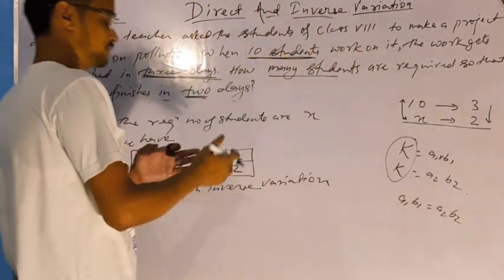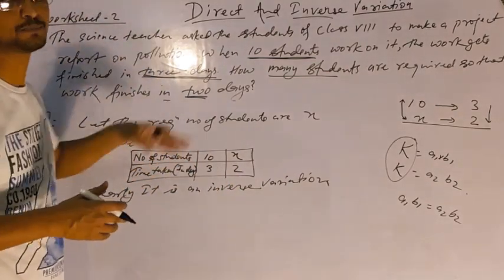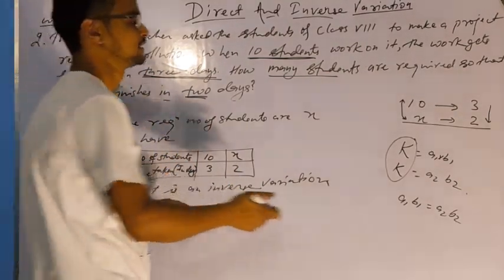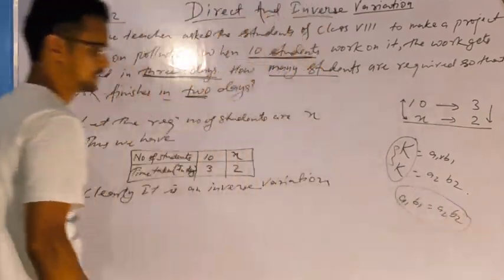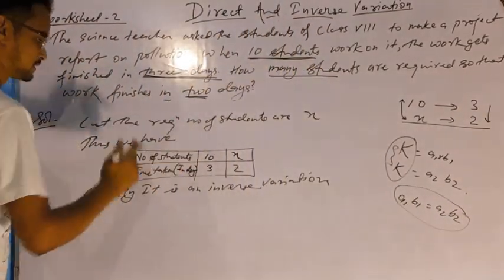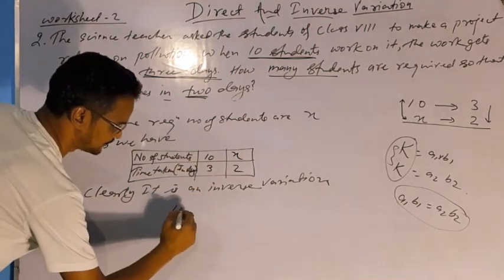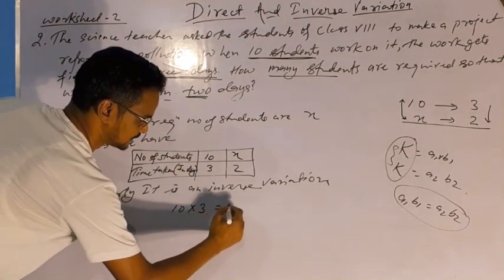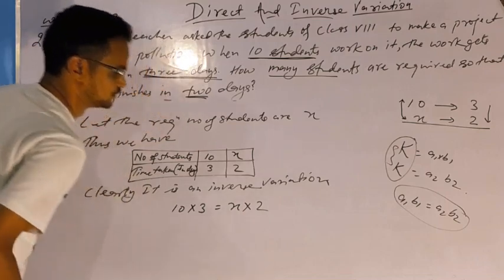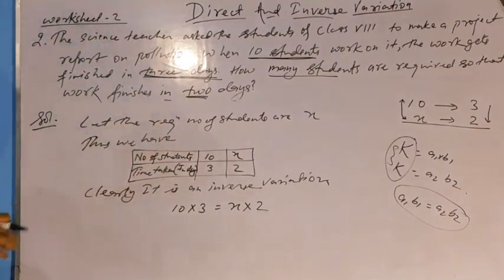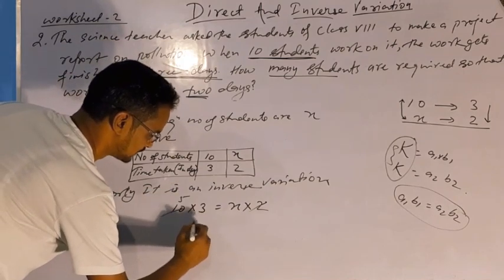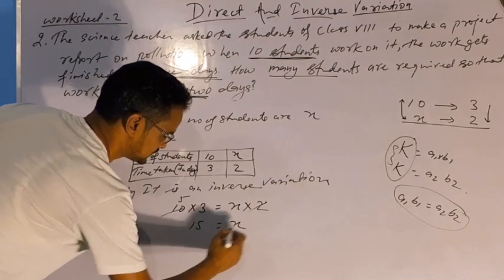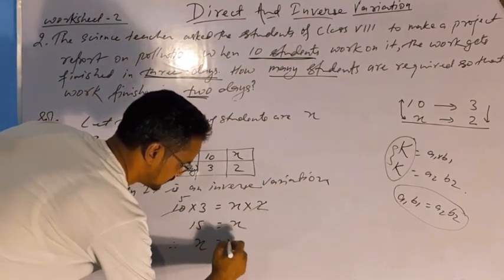Then in order to solve these word problems, we don't have to write this K. We can use this directly. Here our question gives 10 multiplied by 3 is equal to x multiplied by 2. Solve according to your convenience. 5 threes are 15, so x is equal to 15.